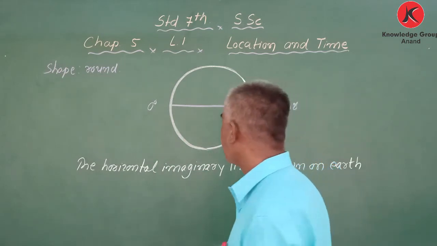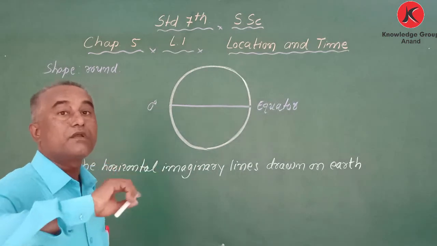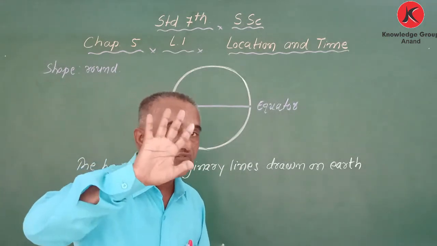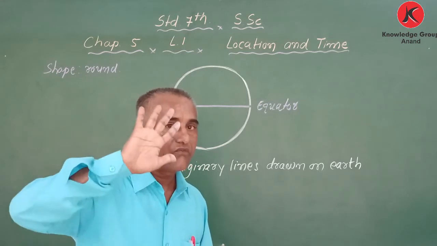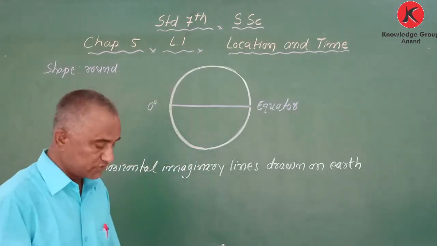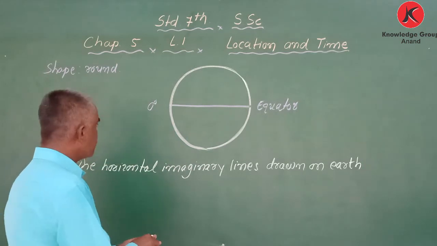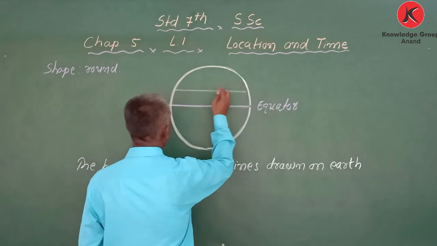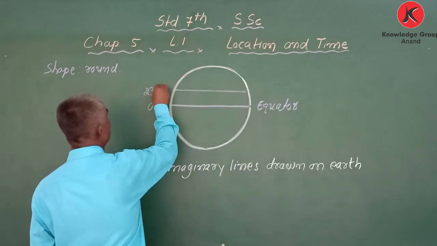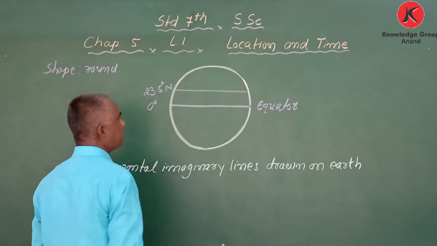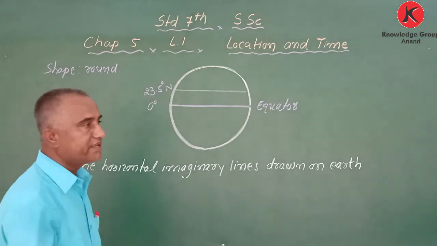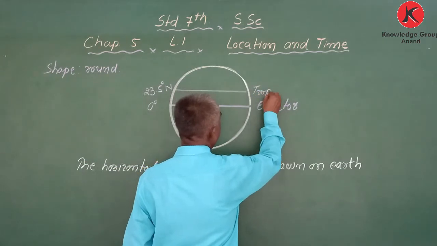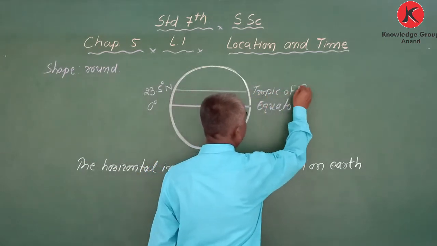Got it? Second thing, do you know how many important latitudes are there? There are 5 important latitudes. I am showing here. This is called equator. 23.5 degree N, north, that is called Tropic of Cancer.